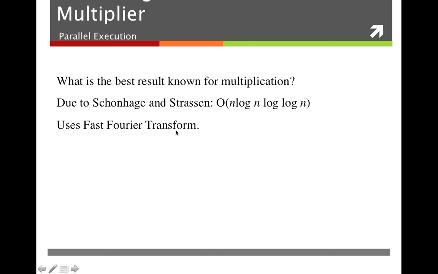Now, this algorithm was also improved by a person whose last name is Führer, but the Führer algorithm will only do better than Schoeninger and Strassen if you take numbers to be very large, like 10 to the hundreds, maybe more than 100, maybe 1,000 or so.